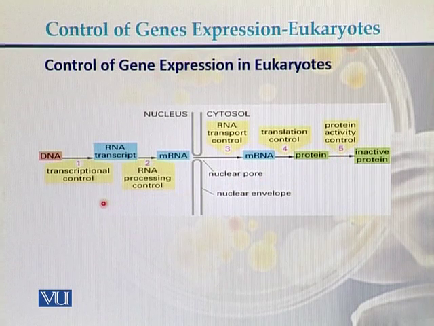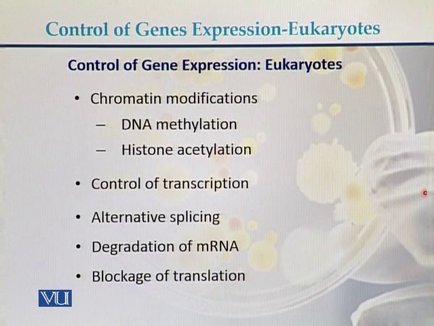So these are the checkpoints where gene expression can be controlled in case of eukaryotes: at the level of transcription, at the level of RNA processing, at the level of RNA transport, at the level of translation, or once the protein is produced, it can even be degraded. Control of gene expression in eukaryotes can be by chromatin modification.